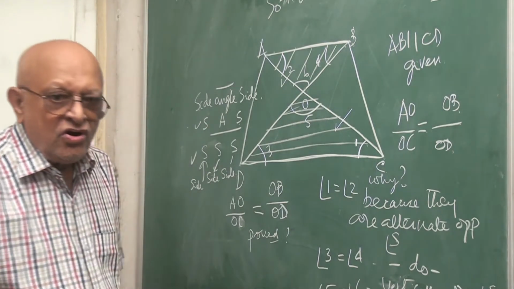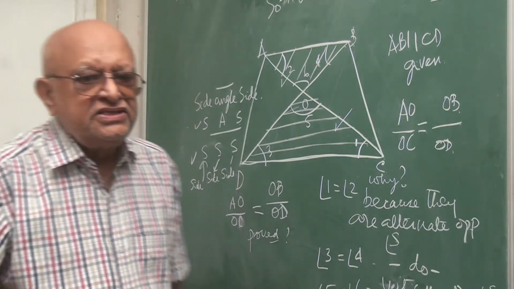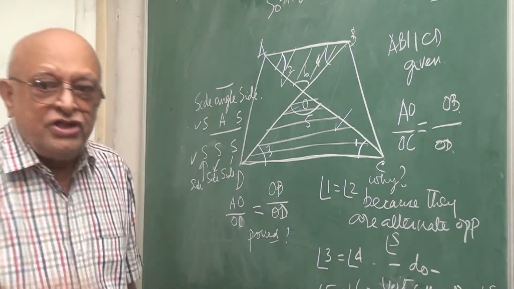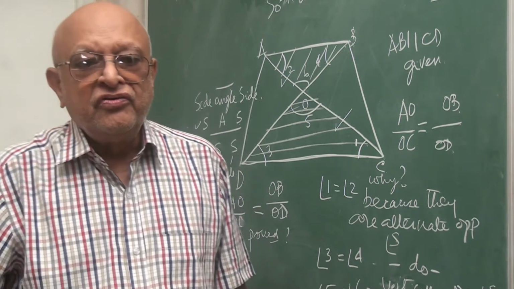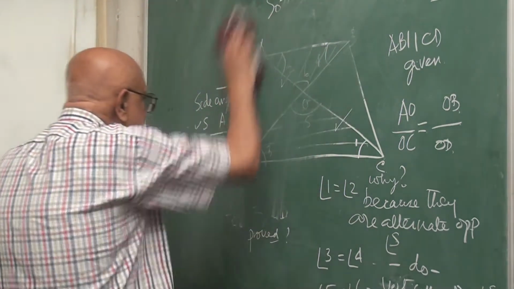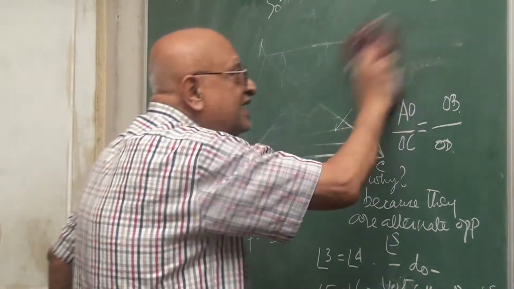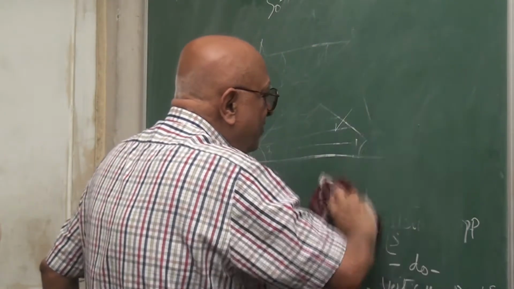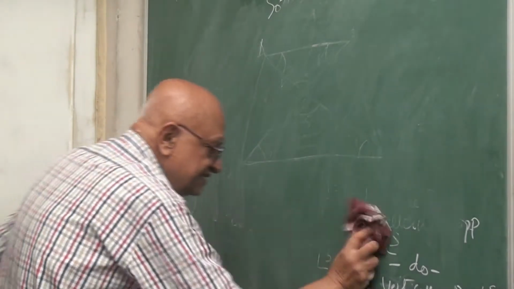So remember, all congruent triangles are also similar, but all similar triangles are not congruent. So I must write it down here. This is important for you to understand, especially for multiple choice questions.